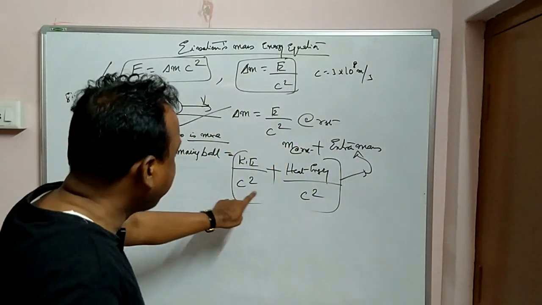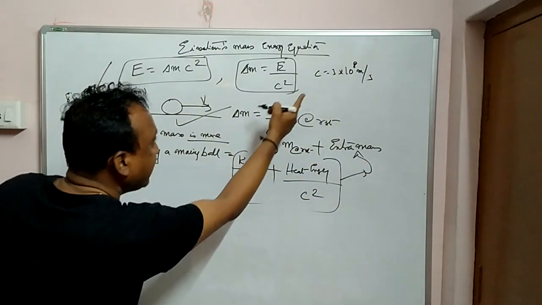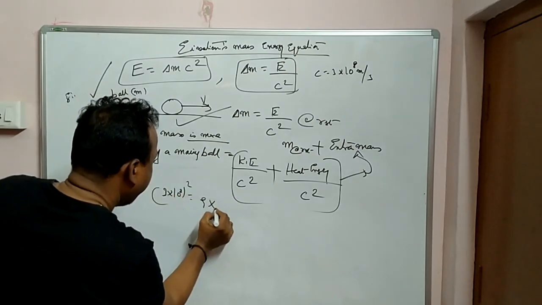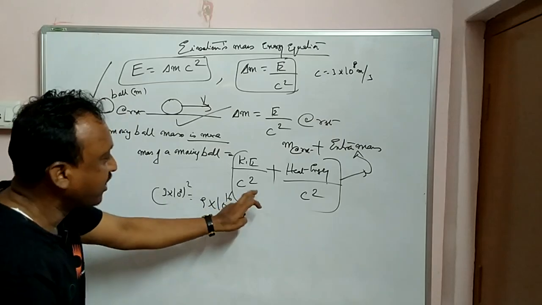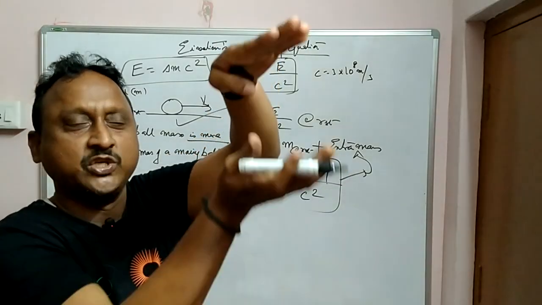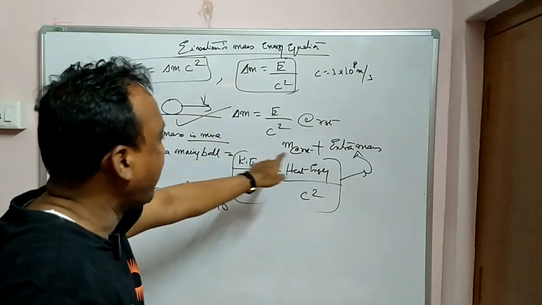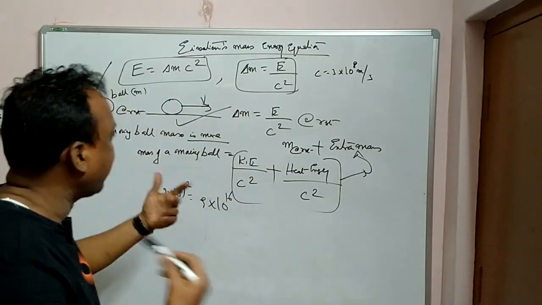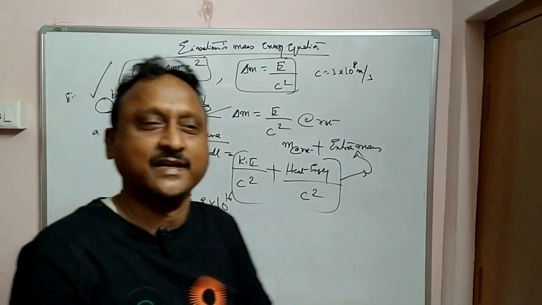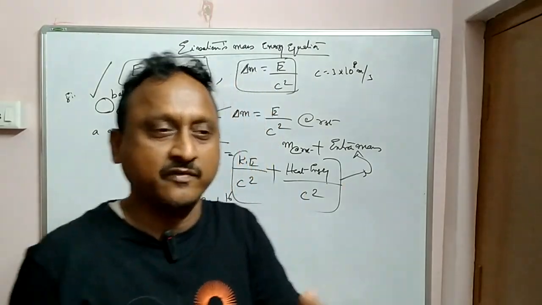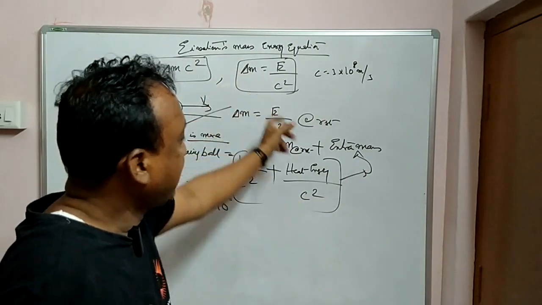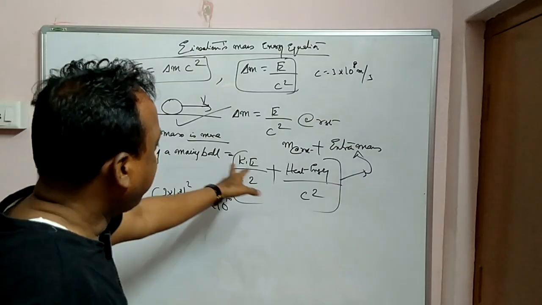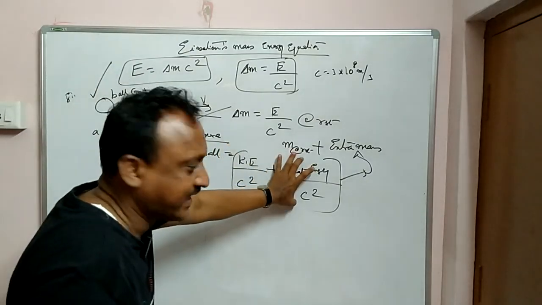If you see the value of c here, 3 into 10 power 8, whole square, in the denominator you will have 9 into 10 power 16. In the denominator you will have a huge value, so what happens to the final value? It is neglected. That is why, in general, according to Einstein, when any body is moving the mass is more than the rest mass, because it is having kinetic energy and heat energy.